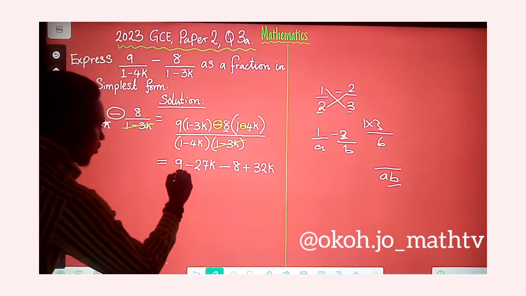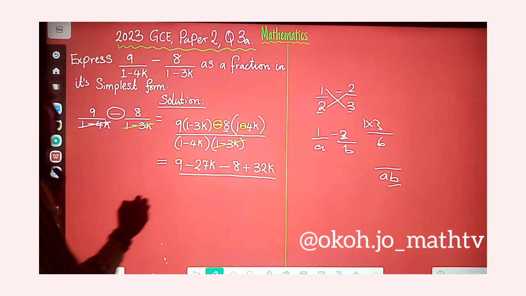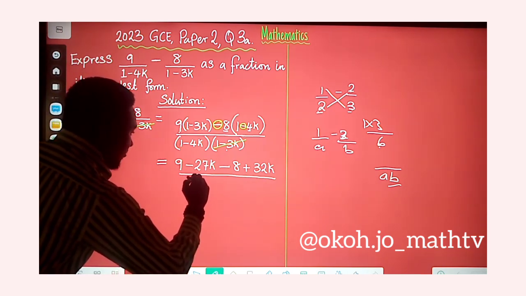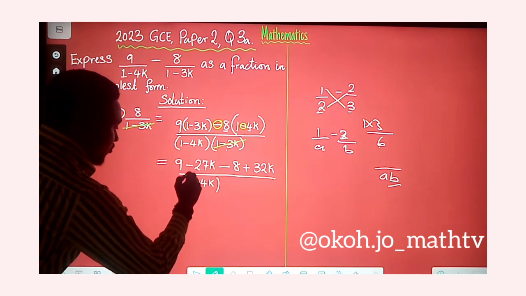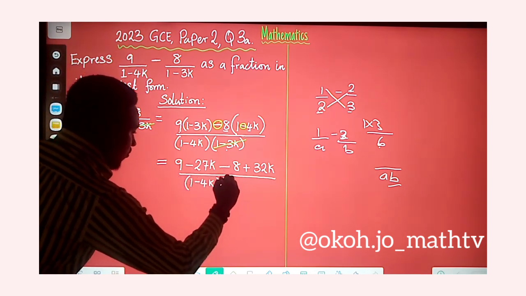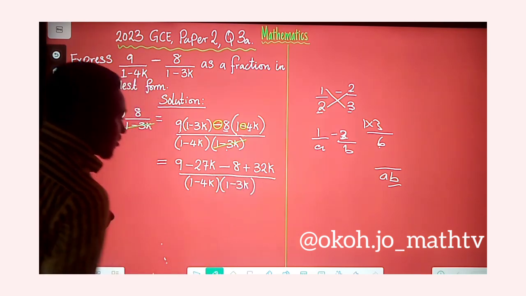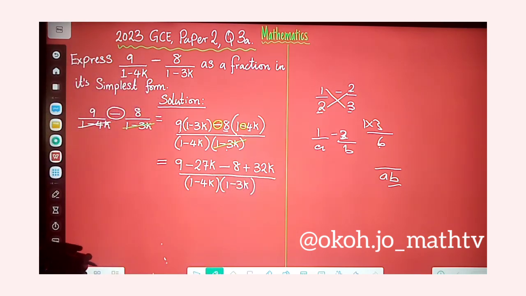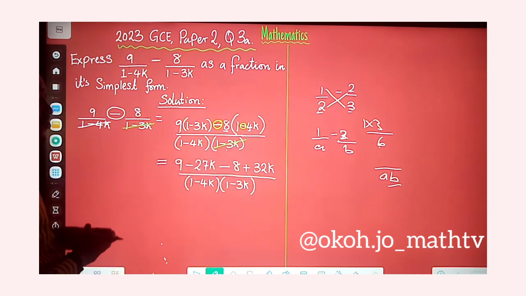All over this product as we had before, which is 1 minus 4k in brackets, times 1 minus 3k in brackets.